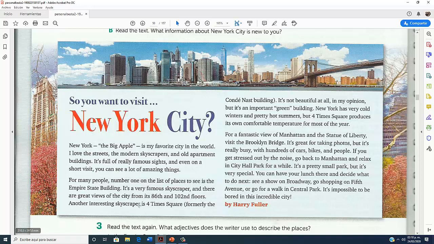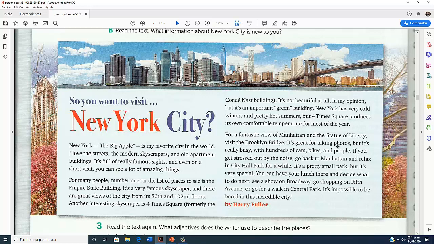Another interesting skyscraper is 4 Times Square, formerly the Condé Nast Building. It's not beautiful at all, in my opinion, but it's an important green building. New York has very cold winters and pretty hot summers, but 4 Times Square produces its own comfortable temperature for most of the year. For a fantastic view of Manhattan and the Statue of Liberty, visit the Brooklyn Bridge.